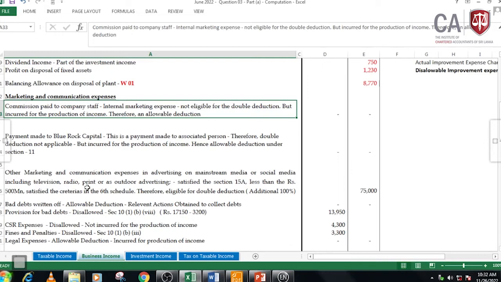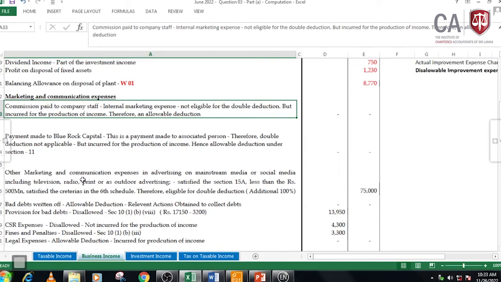Done. Now come to the third one, which is other marketing and communication expenses in advertising on mainstream media or social media, including television, radio, print or other outdoor advertising. Satisfy the section 15A, less than rupees 500 million.